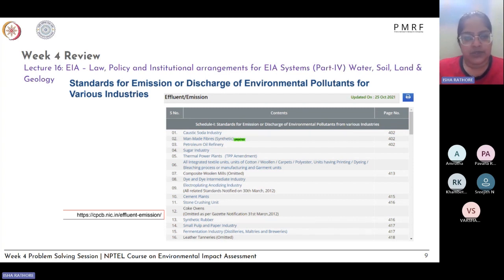So you can refer to these sources if you want to read more in detail, but this is just for a general idea on how different industries will have different requirements and different documents you have to refer back to if you're doing an EIA for a project which is consuming water. So you have to refer to these documents to see what industry and how much, what are the standards, what are the requirements of the emissions and discharge which you can do.